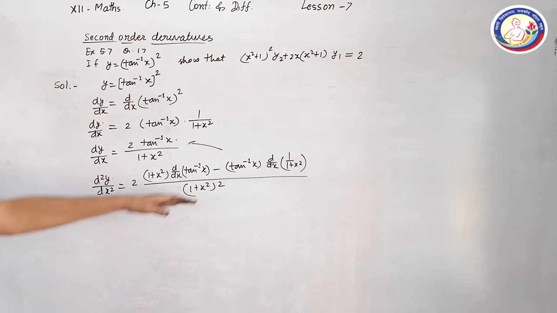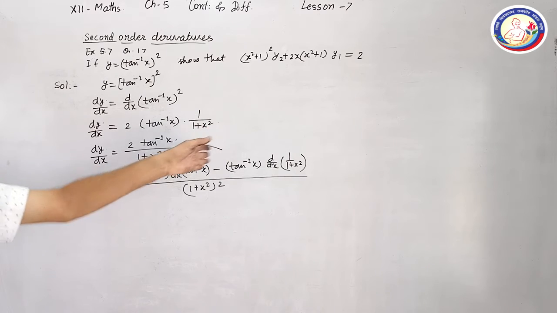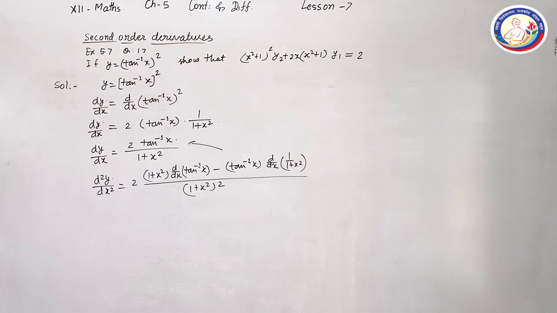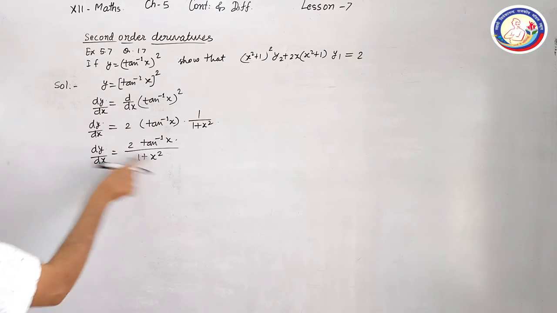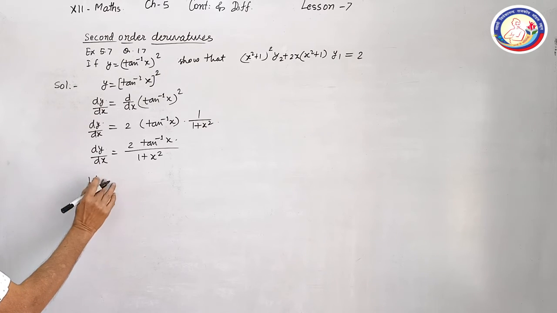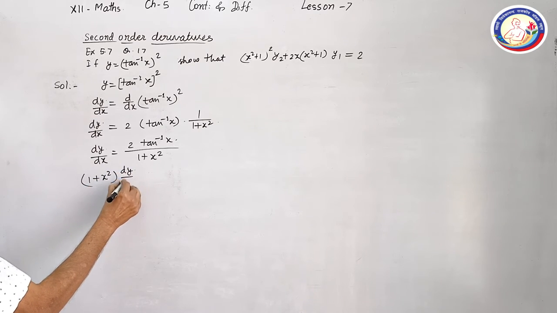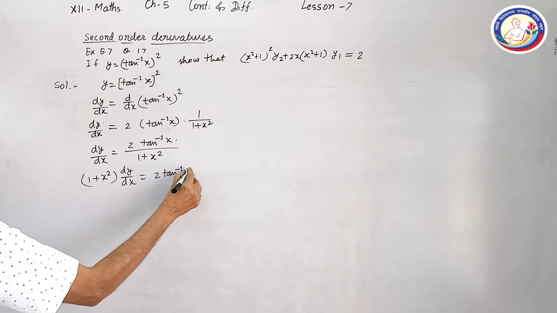But this will be difficult. So what I am doing? I am changing the way of solution. I am cross multiplying this by this. We shall have 1 plus x square dy by dx equal to twice tangent inverse x.